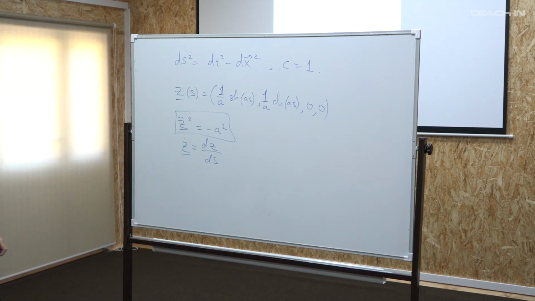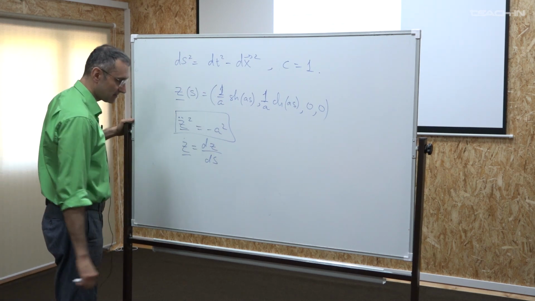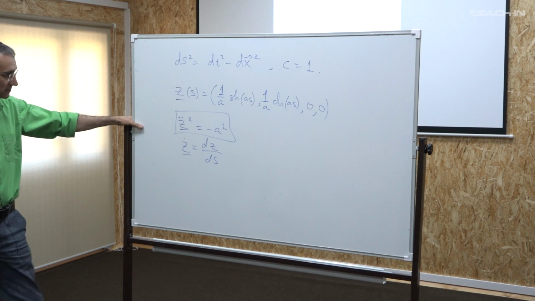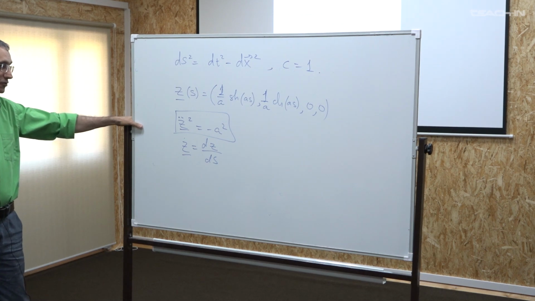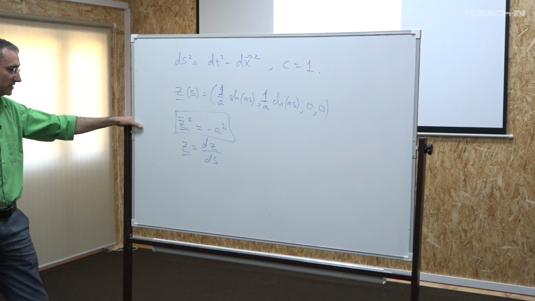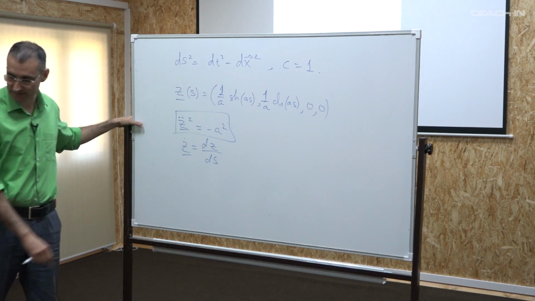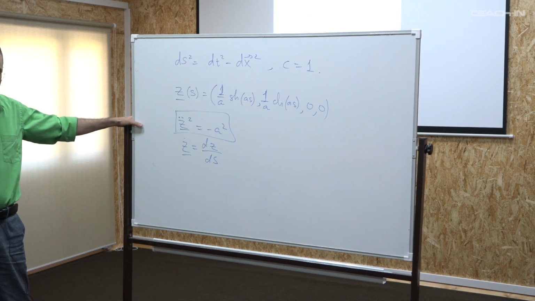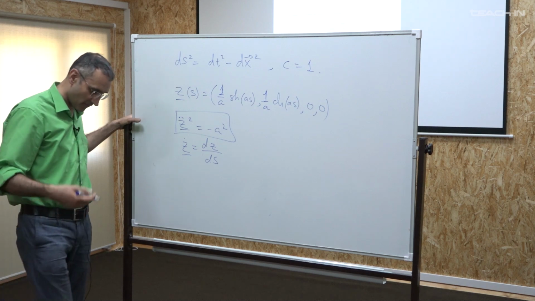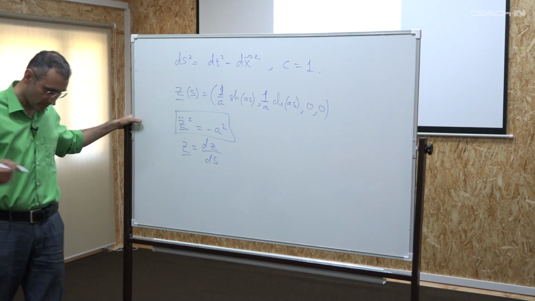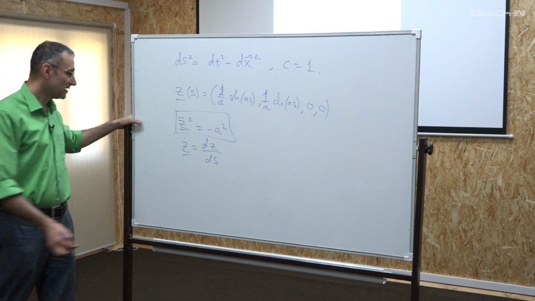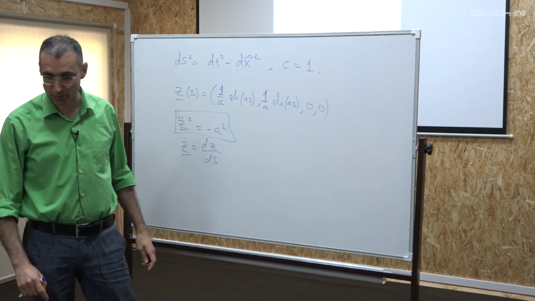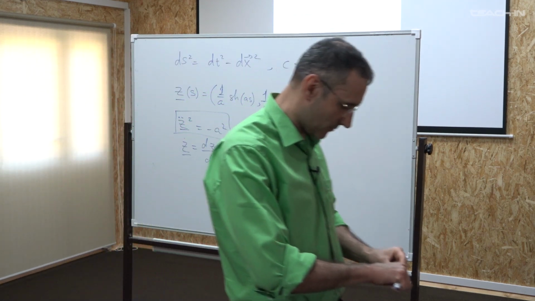This is a relativistic accelerative motion, but for small velocities it reduces to the standard accelerative motion. If the velocity is very small in comparison with the speed of light, you just get the standard high school textbook accelerative motion.